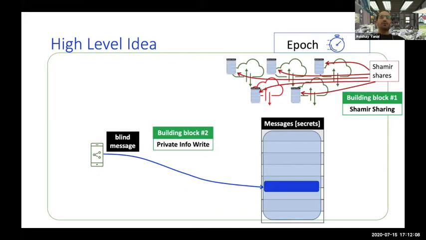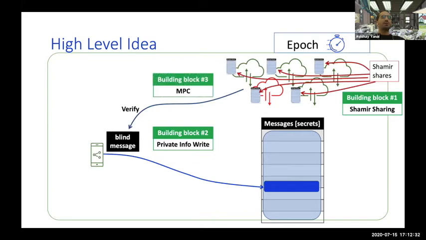What's important in a blind message is that the servers must not learn to which index the client is writing. Now, the blind message in the protocol has a specific format. So when the servers receive the blind message from the client, they have to verify that it complies with that format. And they do so using a simple MPC protocol.